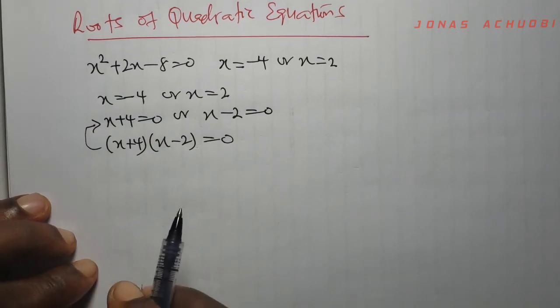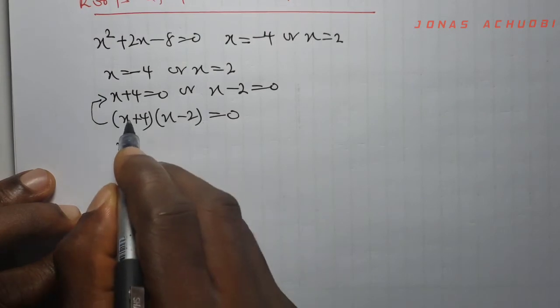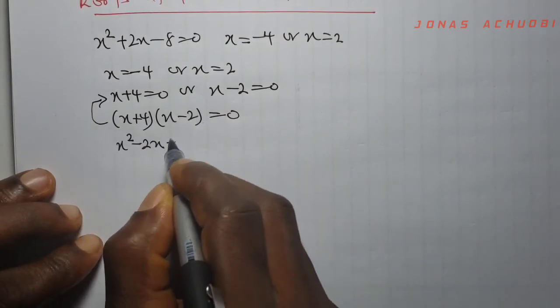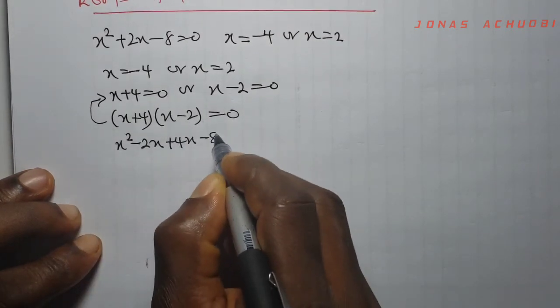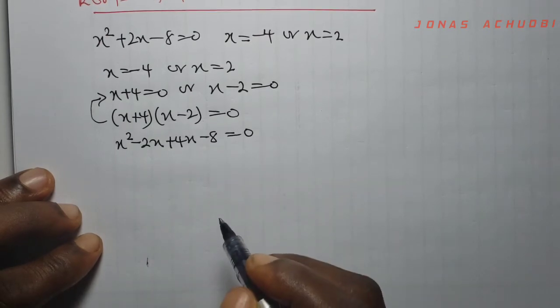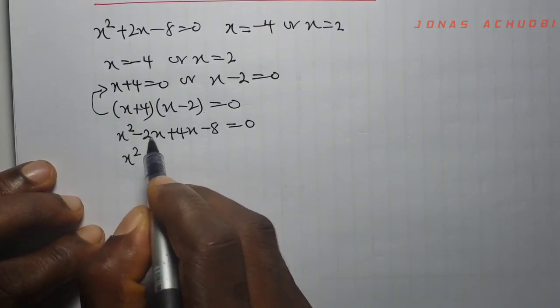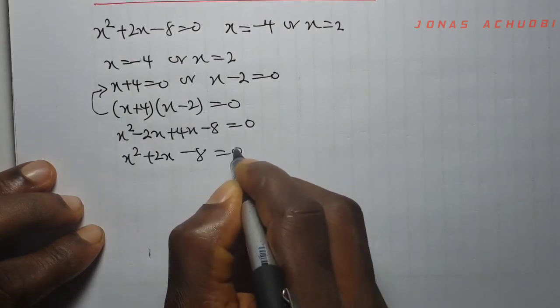Now if we open up the brackets, we have x times x is x squared, x times minus 2 is minus 2x, 4 times x is plus 4x, and finally 4 times minus 2 is negative 8 equal to 0. If we rearrange this properly, we have x squared minus 2x plus 4x is 2x, minus 8 equal to 0.